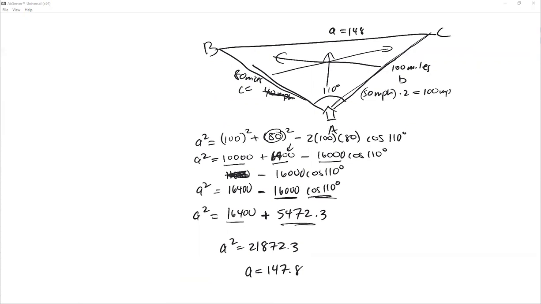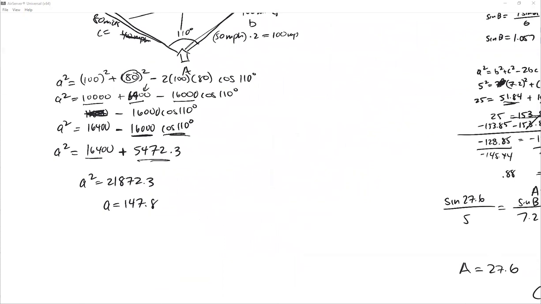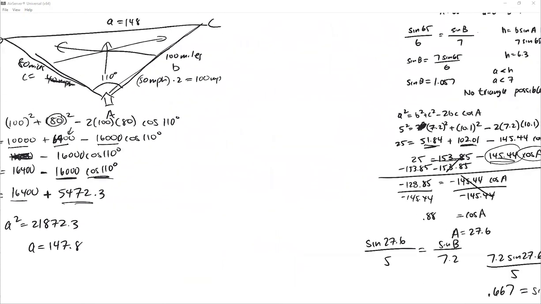Let's do number 3. I think these should be a little bit faster, hopefully. Convert the given coordinates. You have the ordered pair, the rectangular coordinate, and you have to change it to a polar coordinate. So you have 2 comma negative 2 radical 3.